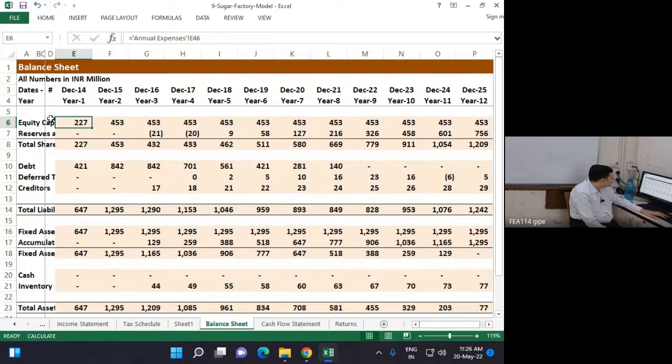Six row is in the balance sheet. You take first number is 227. बैलेंस शीट में पहला वैल्यू कितना इक्विटी का. No, check the formula here. Annual expense P46.